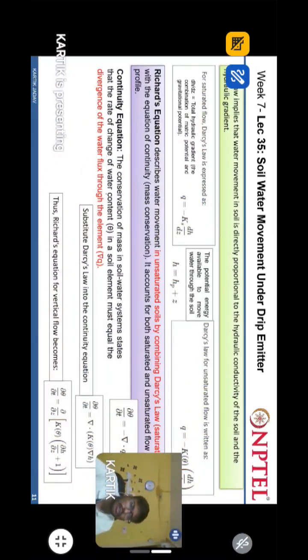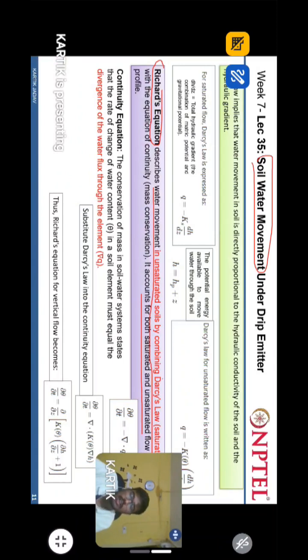And we have also gone through two fundamental equations that define the soil water movement in the soil, in the unsaturated zone or saturated zone. So basically, one of the famous equations is Richards' equation, which describes the water movement in unsaturated soil by combining Darcy's law and the continuity equation, right? And it accounts for both saturated and unsaturated flow.